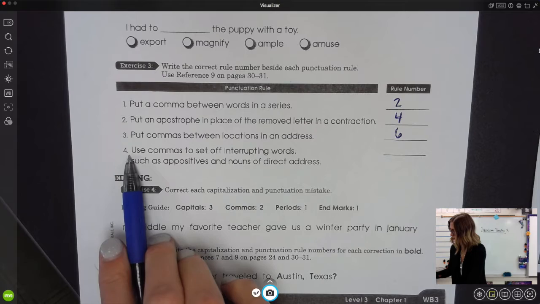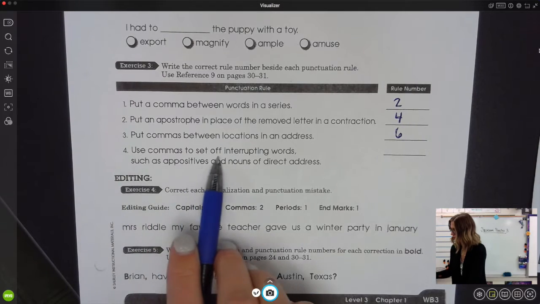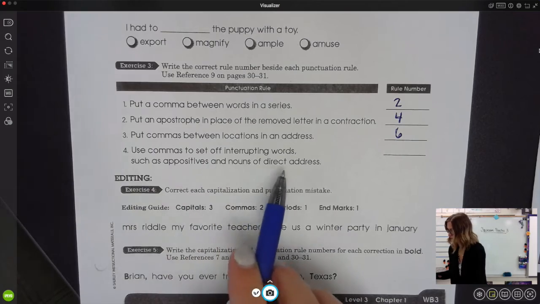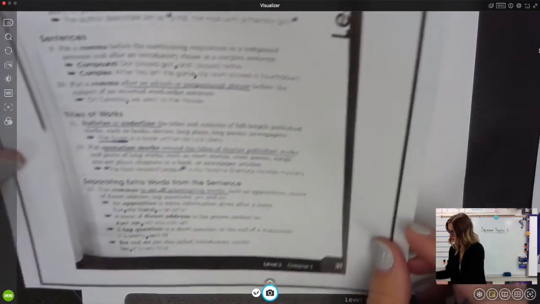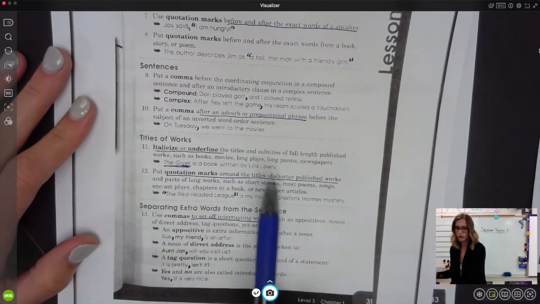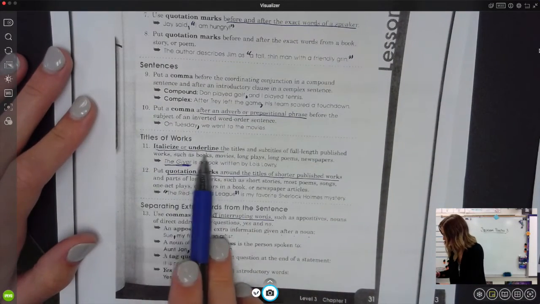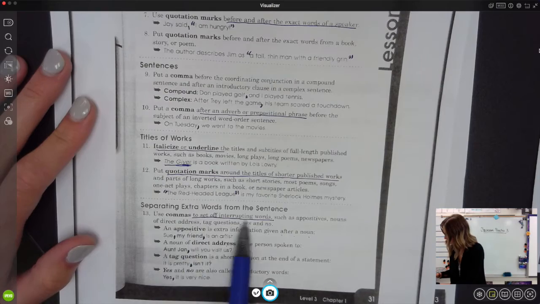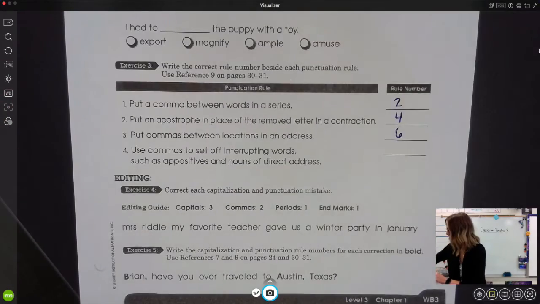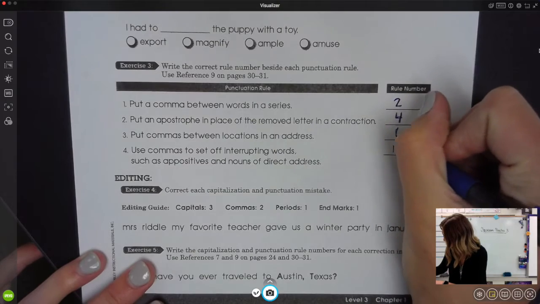Then, number 4 says use commas to set off interrupting words such as appositives and nouns of direct address. Commas to set off interrupting words. Rule number 13. So that would be right here, rule number 13.